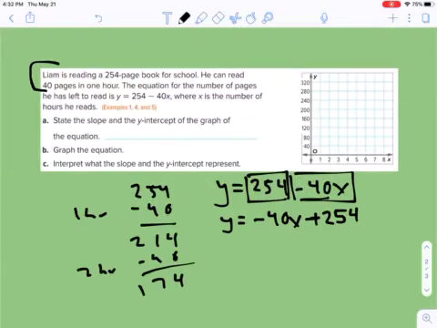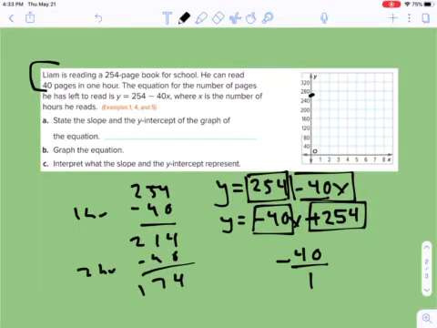So I know that I have a y-intercept of 254. So go up to 254 and kind of approximate it, and that is not even close, but I'm using this handmade stylus that I found a way to make off the internet. And then it's minus 40x, so my slope is negative 40. Remember, even if it's a big number like this, you just write it as a fraction over 1.